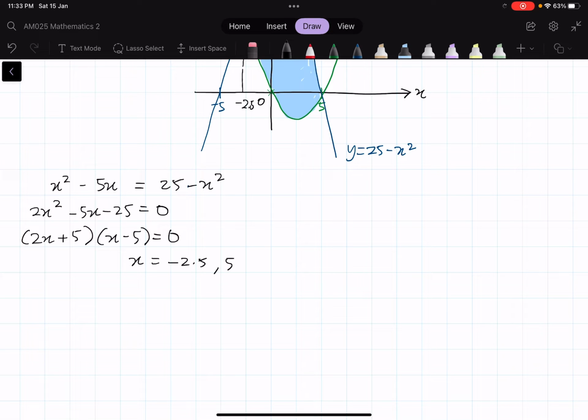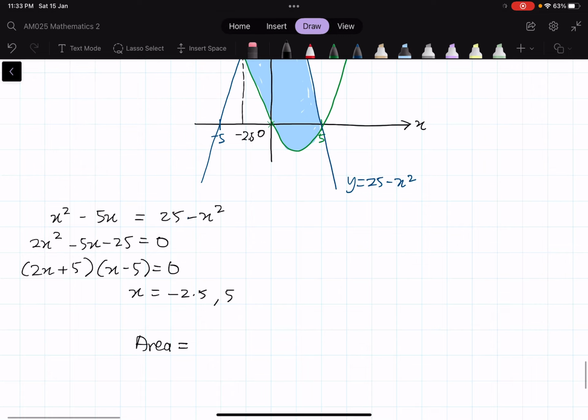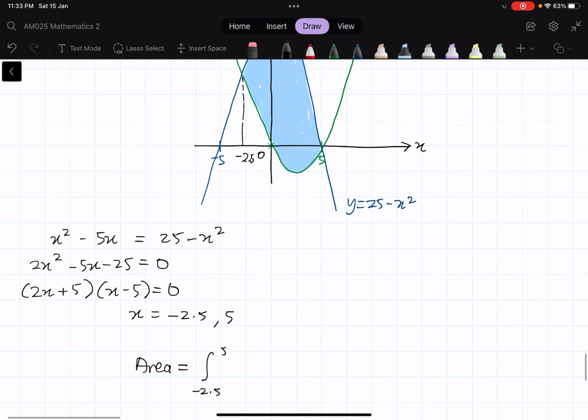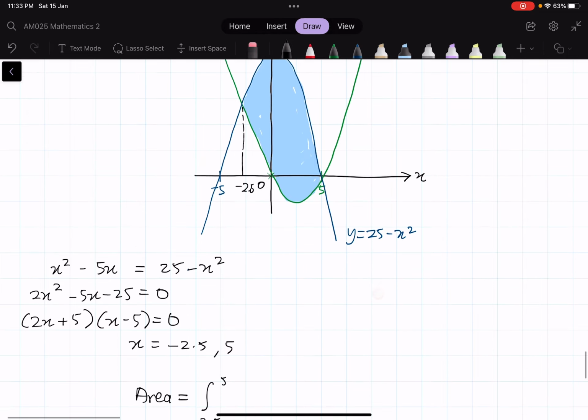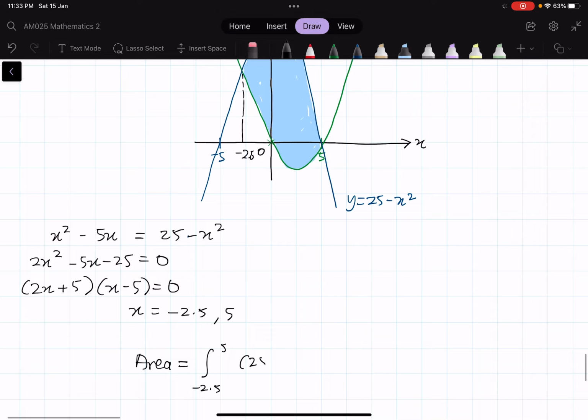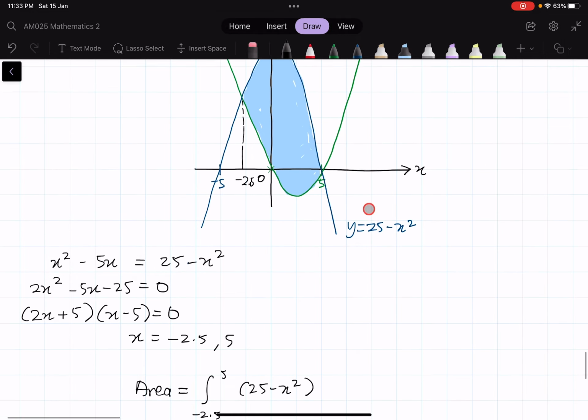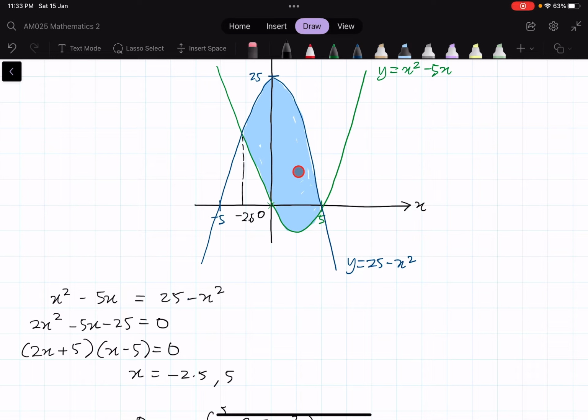Now let's find the area. We're going to integrate from negative 2.5 to 5. And as you can see here, the upper curve will be the blue line, which is 25 minus x squared, because it has the larger area under the curve.